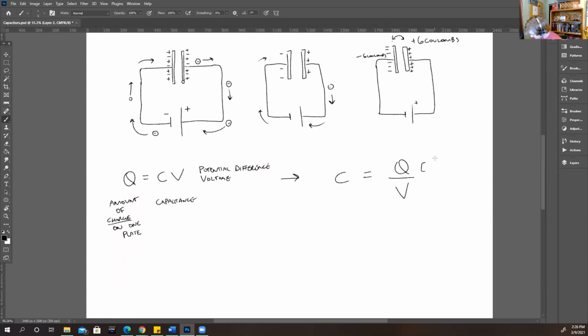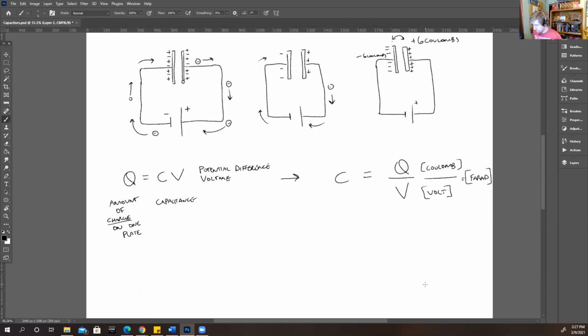We should know these by now. The unit for charge is coulombs. And V, that's just volt. And a coulomb per volt is a farad. That's the unit for capacitance.